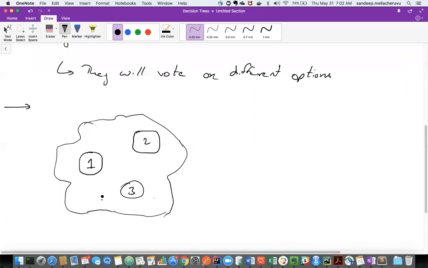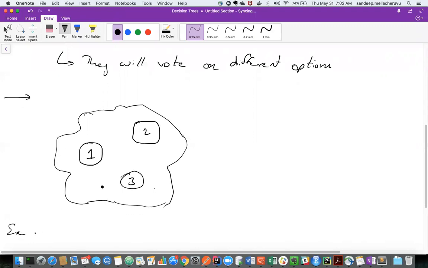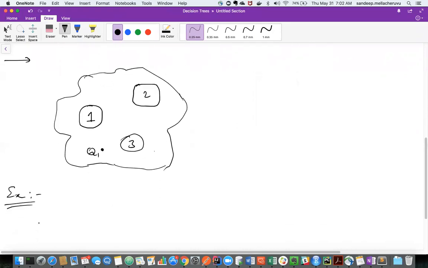I am representing a question by a point here. I asked each of them to answer. This example is about question 1, Q1. So what happens? Will one be able to answer the question properly? Yes or no?